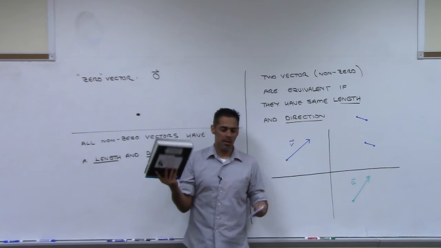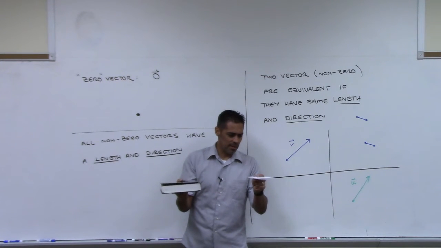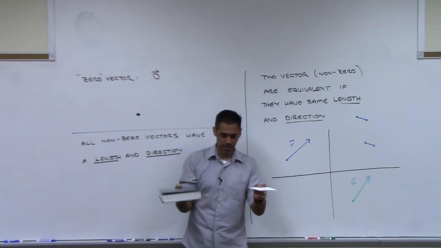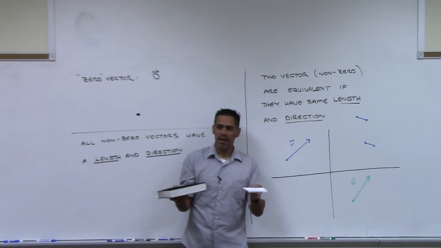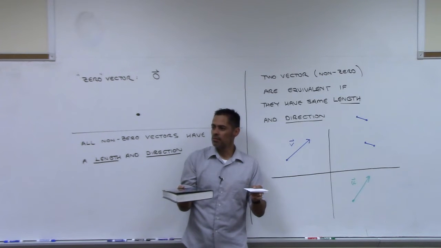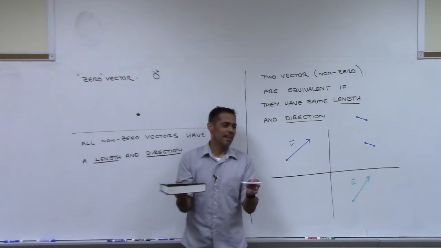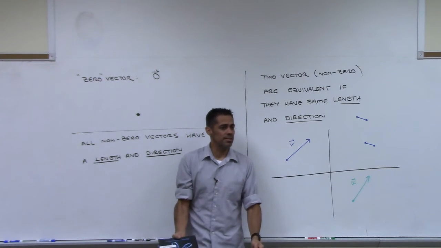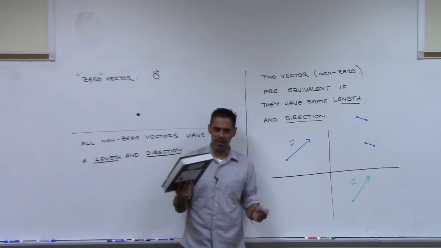In fact, the only reason why this one hits the ground after this one does is because of air. If the air was not here, well, then we wouldn't be here. But if the air wasn't here, then they should hit the ground at the same time. And if you don't believe that, I can prove it to you right now.